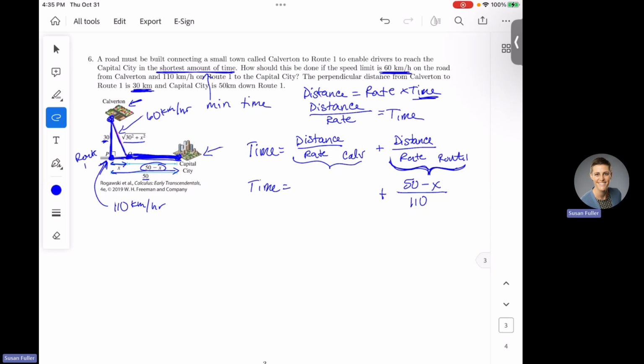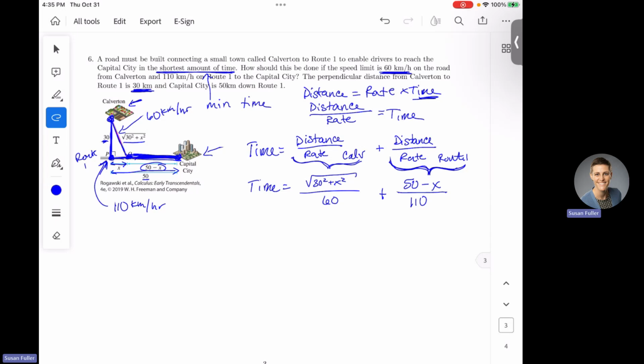That's the distance there. So that's the distance, sorry, that we would have to drive from Calverton. So I'm going to put that up here for the distance. That's the square root of 30 squared plus x squared. And my rate is how fast I can drive along there, which is 60 kilometers per hour. Okay, that's my time equation.